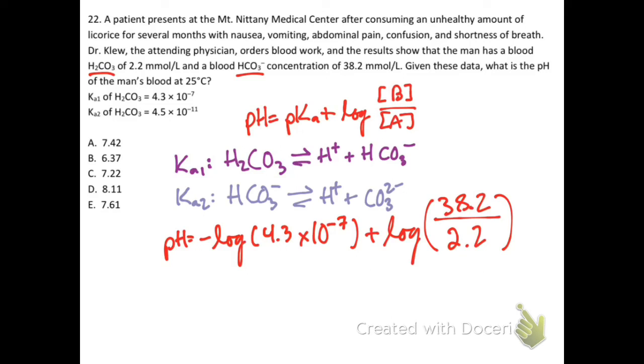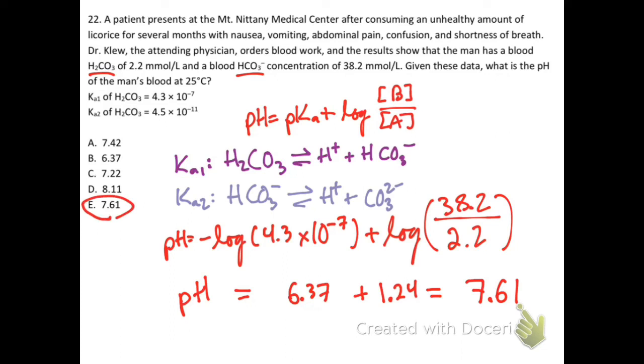Let's see what we end up getting. So we end up getting that pH is equal to 6.37, that's the pKa from here, plus the log of 38.2 divided by 2.2, which is 1.24. And so this ends up equaling 7.61, choice E.